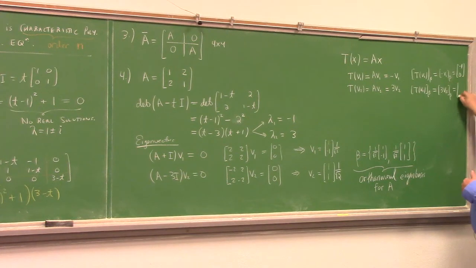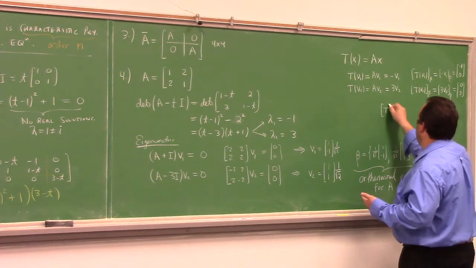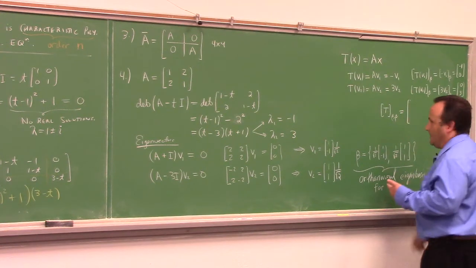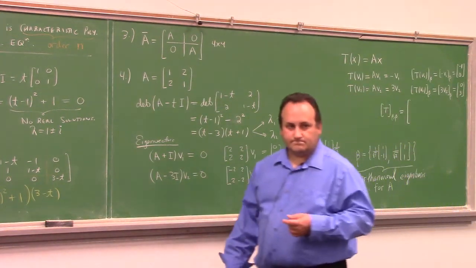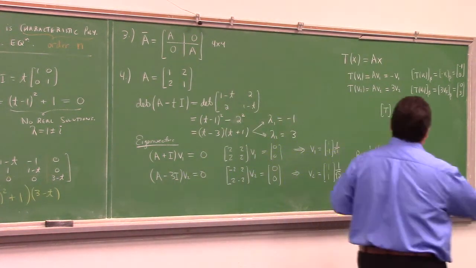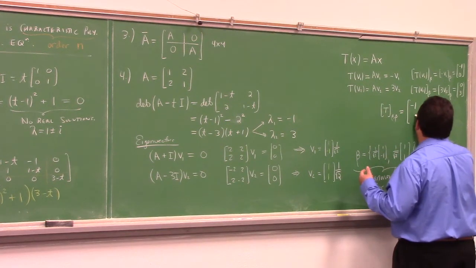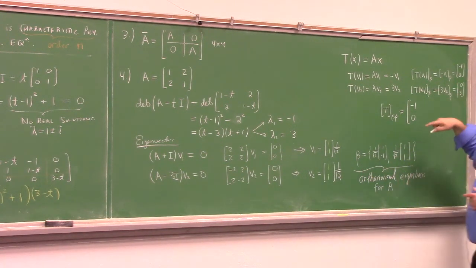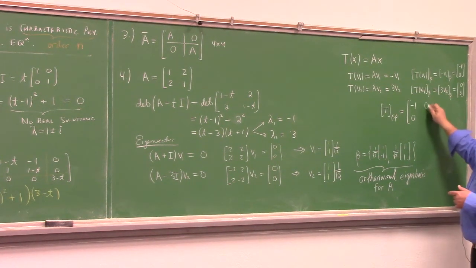This one, 0, 3. So put this all together. What's the matrix of T with respect to the beta basis? No, there's no root 2s here. It's just the eigenvalue. Minus 1, 0, 0, 3. Yep.